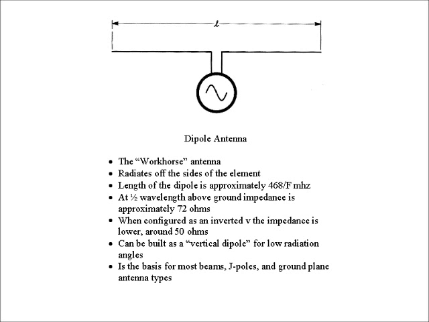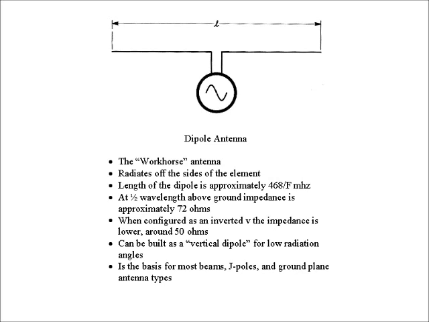Okay, we've talked about the concept of resonance. We talked about this half wavelength of wire. This is a diagram of a dipole antenna. They call it a dipole because there's two halves. There's one pole, there's the other pole, and in this case we're feeding it in the middle. By the way, you don't have to feed it in the middle.